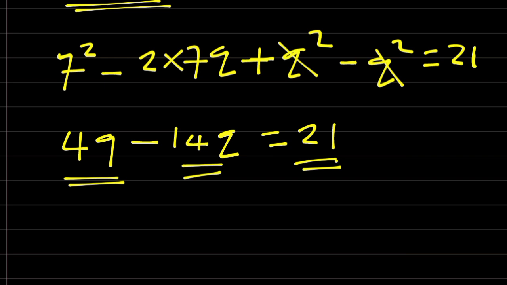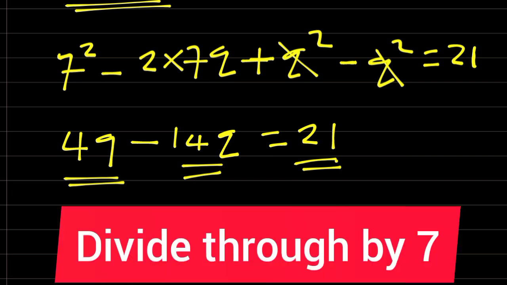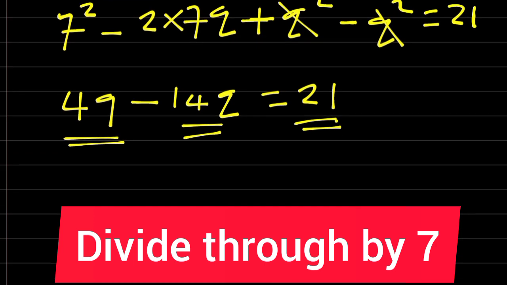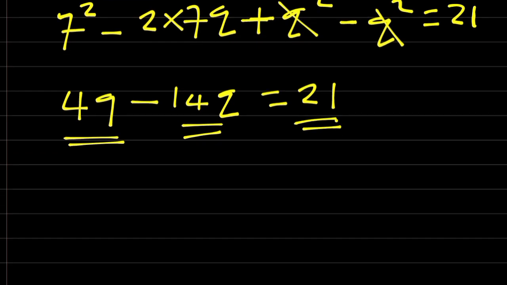Since it is an equation, you can divide through by a constant term, or you can multiply through by a constant term. Therefore, I'm going to divide each term by 7. 49 divided by 7, I have 7, minus 14Q divided by 7, I have 2Q, is equal to 21 divided by 7, I have 3.